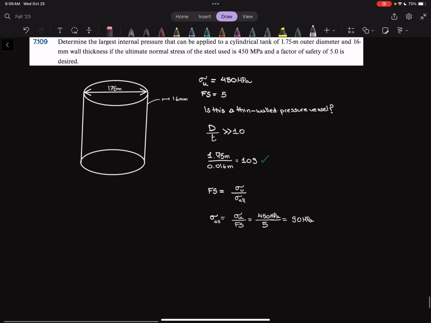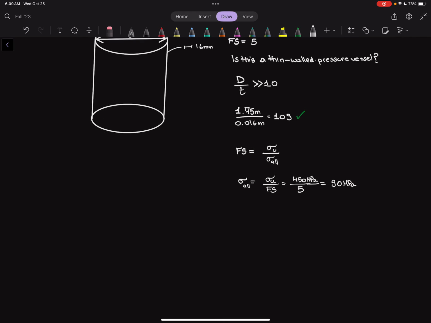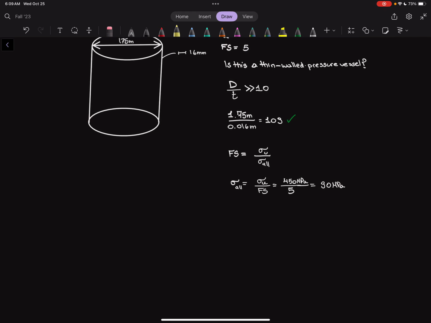So now, what do we want to find? The largest internal pressure. Well, we're going to have a hoop stress here. We're going to have a hoop stress. And then we're going to have, and I'll change color, a longitudinal stress.